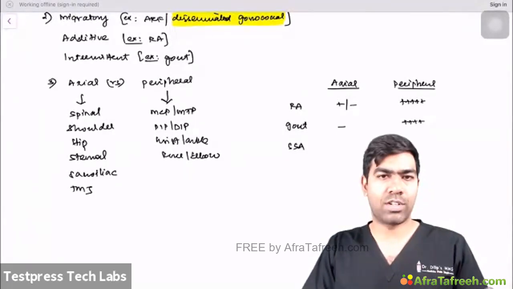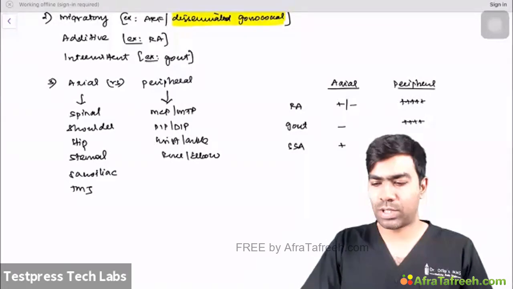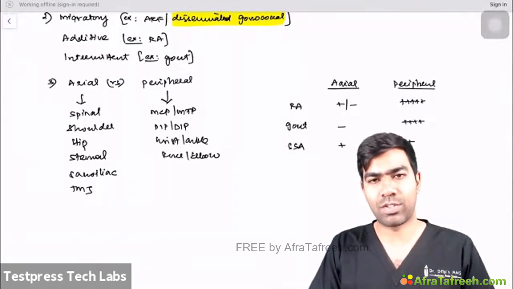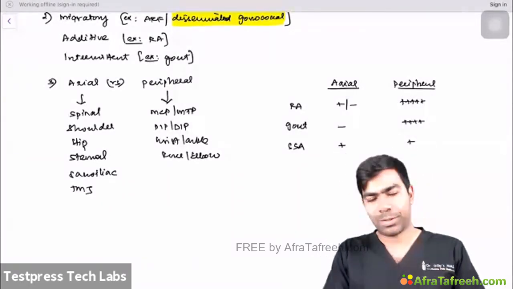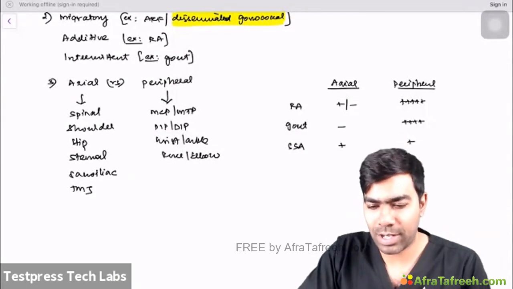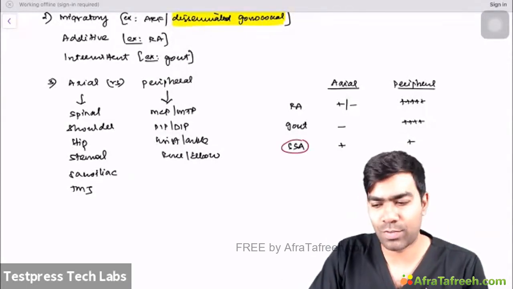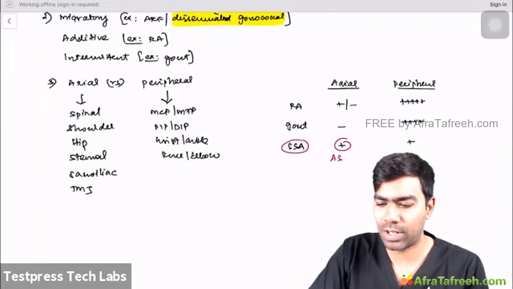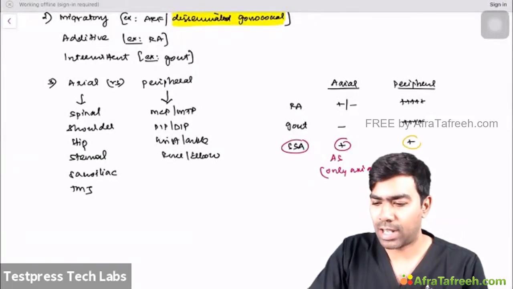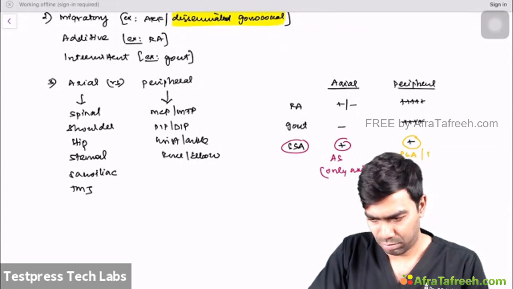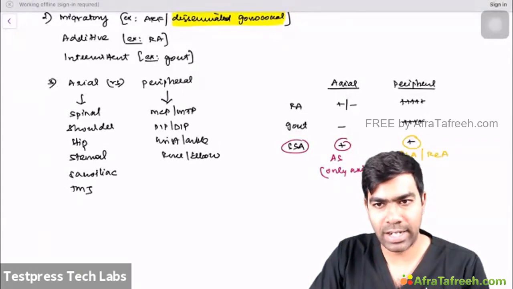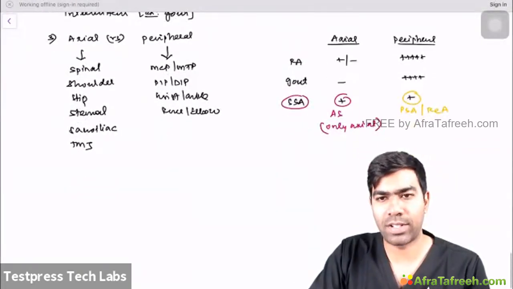Seronegative spondyloarthropathies can involve both axial and peripheral joints. But it depends, because there are many different types. For example, ankylosing spondylitis will involve only axial joints. And there are other disorders. For example, you have psoriatic arthritis, and reactive arthritis, which is called Reiter syndrome.